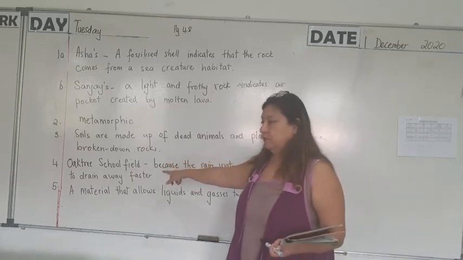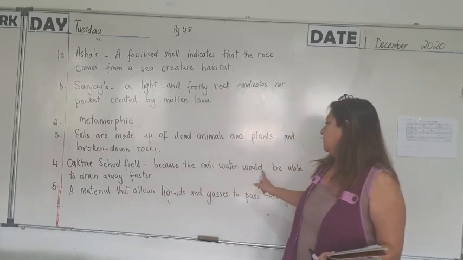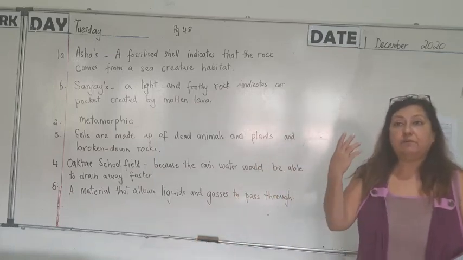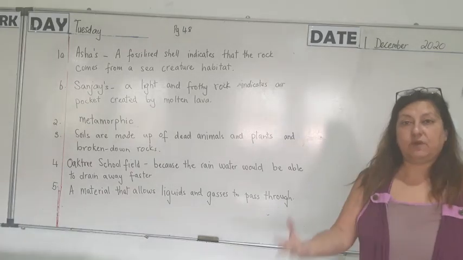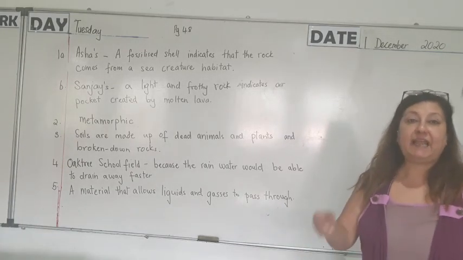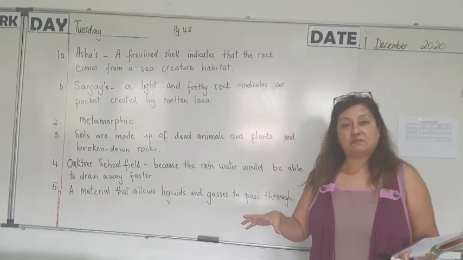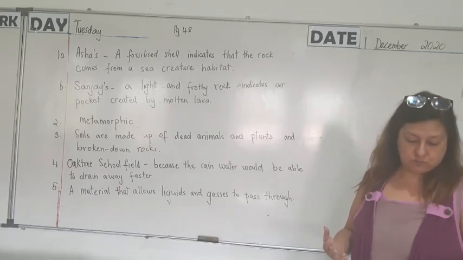So Oak Tree School Field, that's the answer. Why? Because the rainwater would be able to drain away faster, okay? Because of the sandy soil, sand has large particles, the rainwater drains through sand faster than clay. Remember the experiment we did where with clay, the water drips through very slowly. So clay does not let water pass through easily, alright?